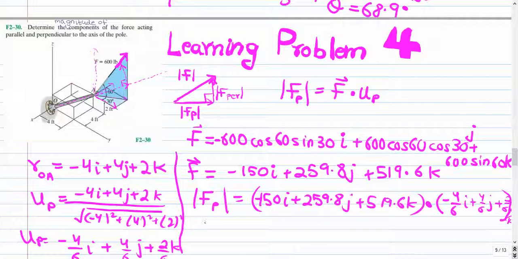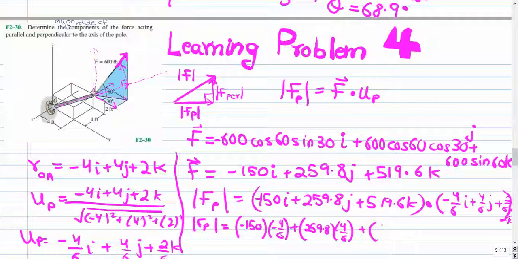So multiplying the respective x, y, and z components, we get negative 150 times negative 4 by 6 plus 259.8 times positive 4 by 6 plus 519.6 times 2 by 6.